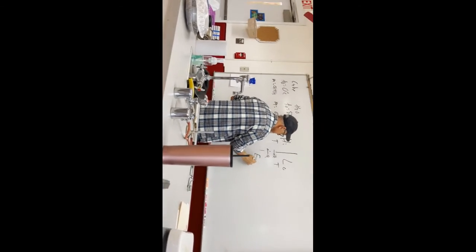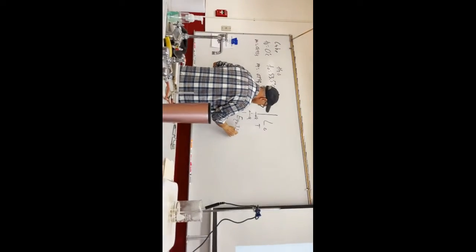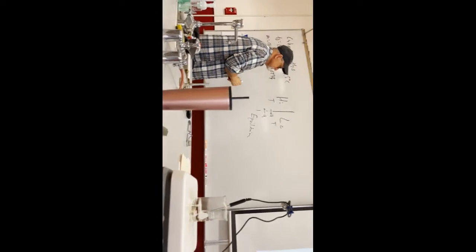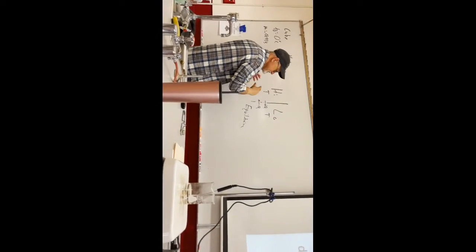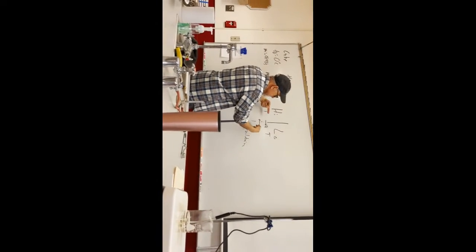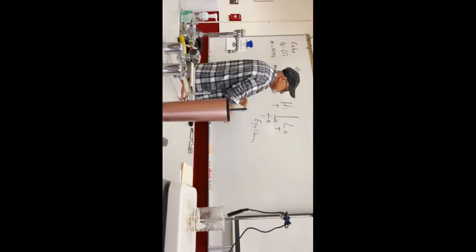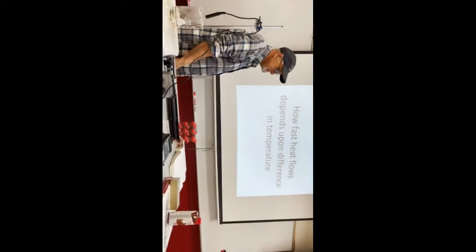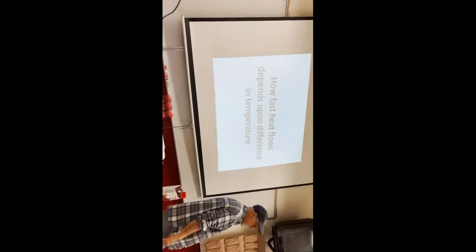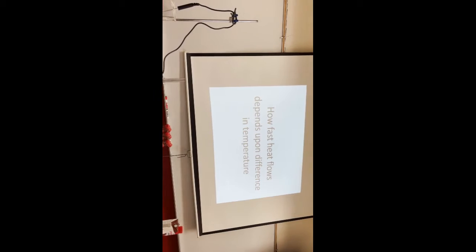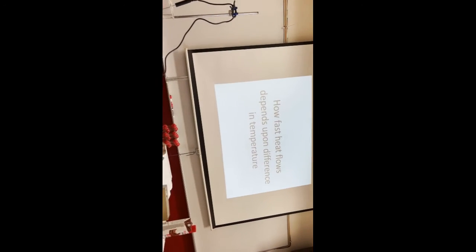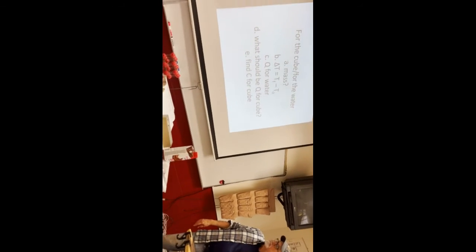That has a name: thermal equilibrium. It doesn't mean the heat is not flowing. It's just that the rate of heat flow from one side to the other is equal. At that point, the temperatures are the same, and when the temperatures are the same, the net heat flow is 0.